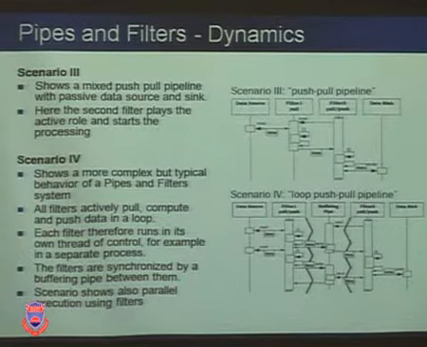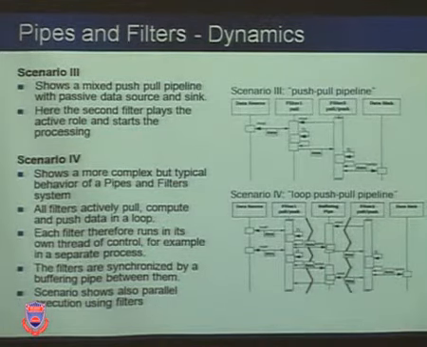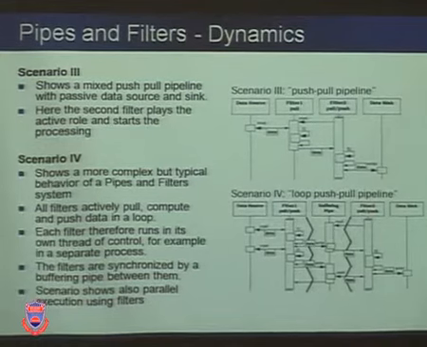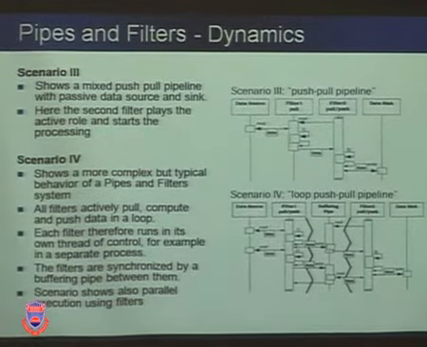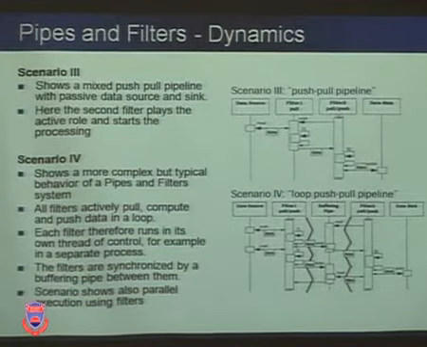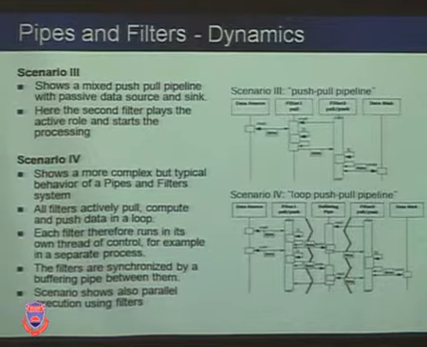Here, for the synchronization, because they can just call at any time, push-pull, you put a buffering pipe which synchronizes. So that is an architectural design decision. And this scenario also shows parallel execution using filters. The others were more sequential, but this is more complicated.